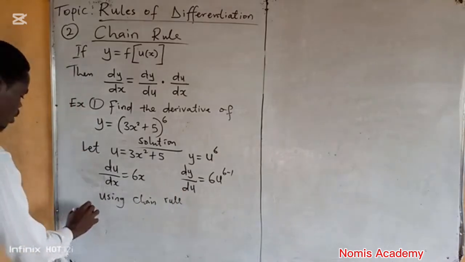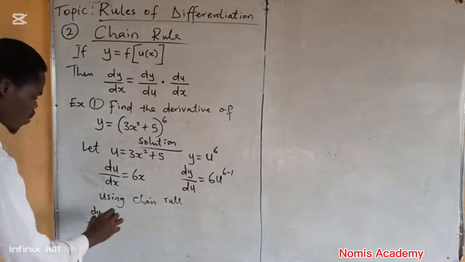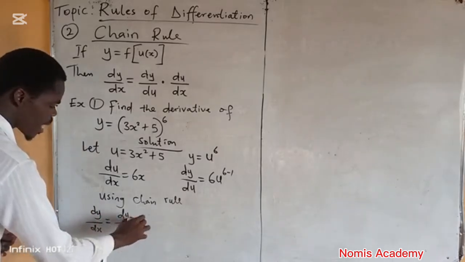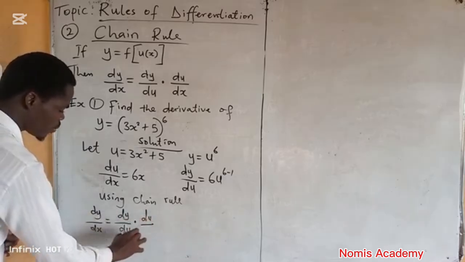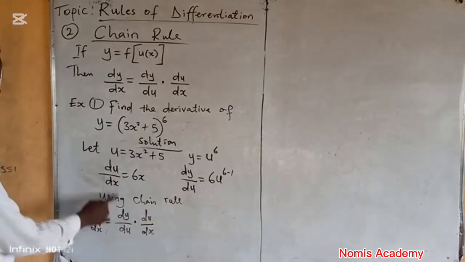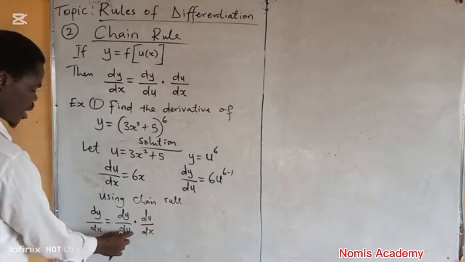And the rule says dy over dx is equal to dy over du multiplied by du over dx. Now I'm going to slot in the du and dy here.